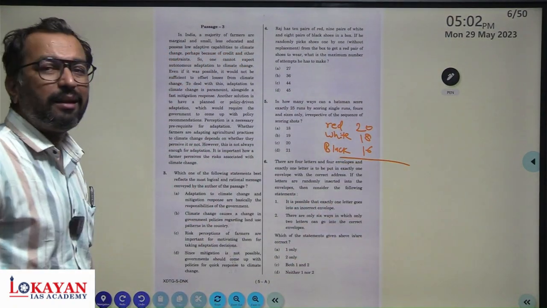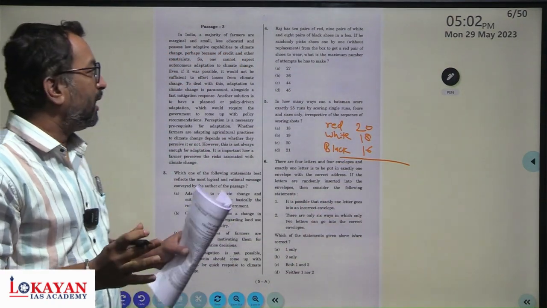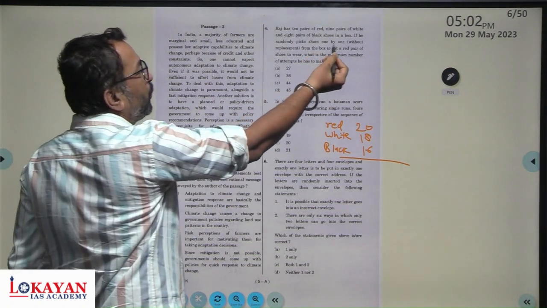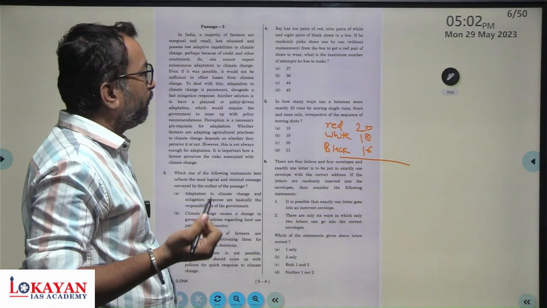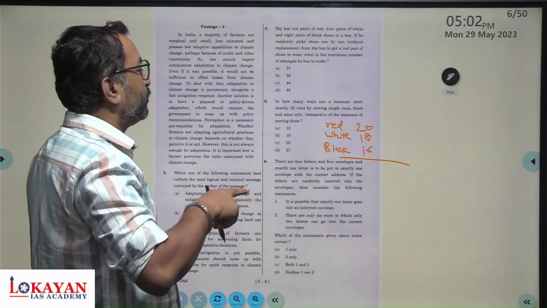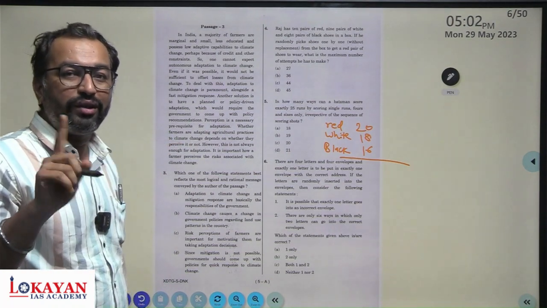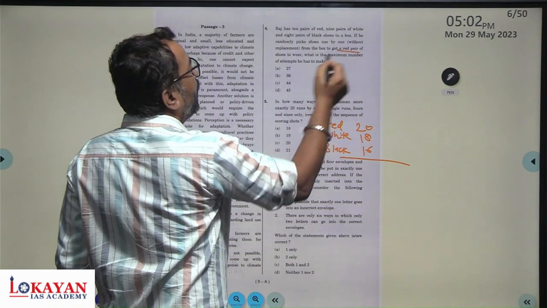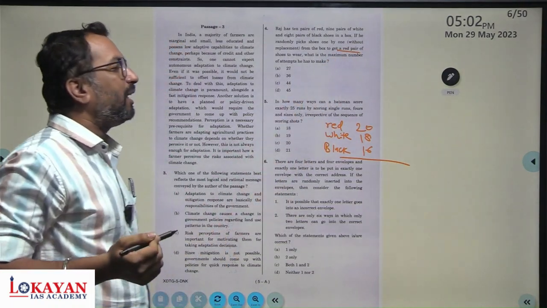So these are the numbers of individual shoes Raj has, but he randomly picks shoes one by one without replacement from the box to get a red pair of shoes, not a single shoe. To get a red pair of shoes, what is the maximum number of attempts he has to make?